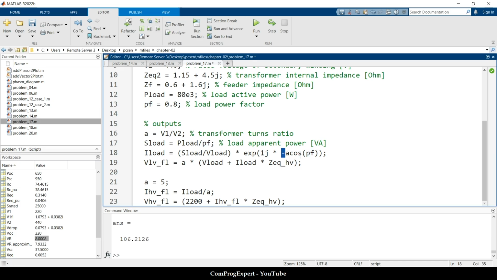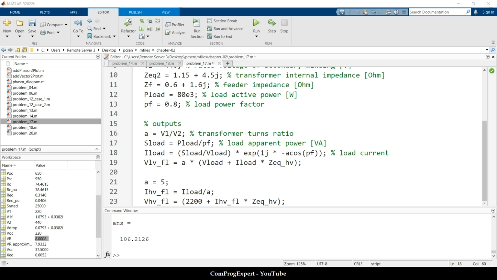I consider this negative sign. This is the amplitude of the load current, or the current of the secondary side of the transformer. So in this case, this is the load current, this one.